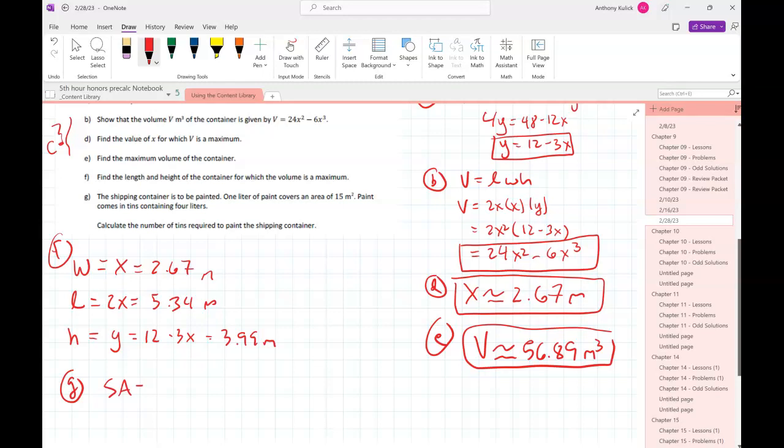So I'm going to start by calculating the surface area. So I know I have 2 length times widths, 2 width times heights, and then 2 length times heights, right?